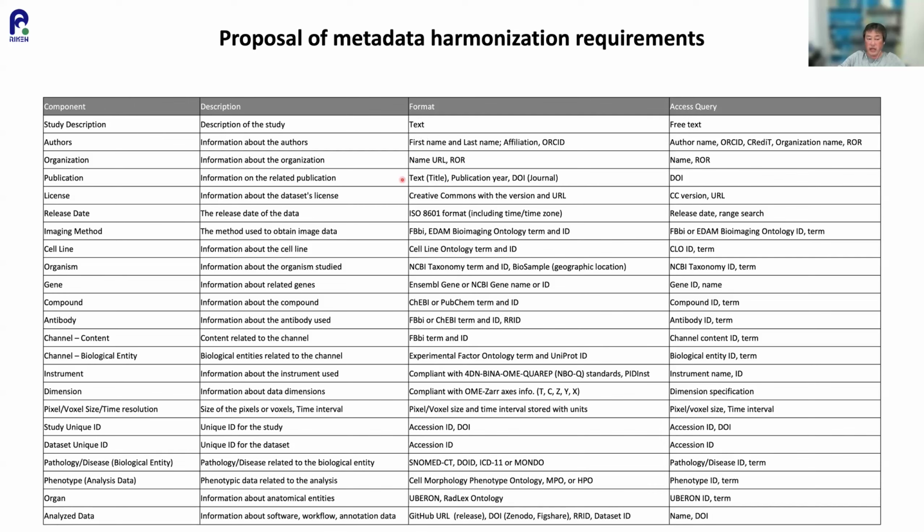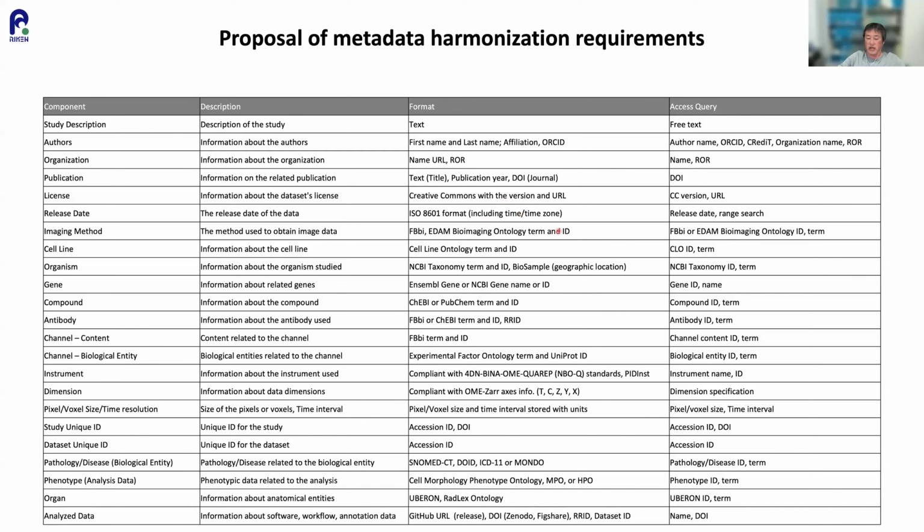So we added 8 additional components to be more useful for metadata harmonization. We won't go into detail about those components, and we try to choose controlled vocabularies as best as we can.